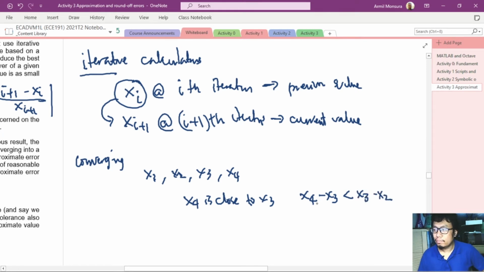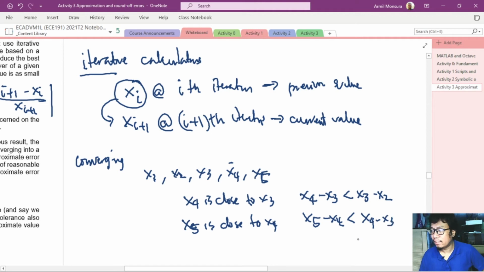So, habang dumadami yung number of iterations mo, for example, x5, dapat yung x5 is close to x4 such that x5 minus x4 should be less than x4 minus x3. Which means habang dumadami yung nako-compute mong value, you are getting closer and closer to a certain value. So that's the idea.